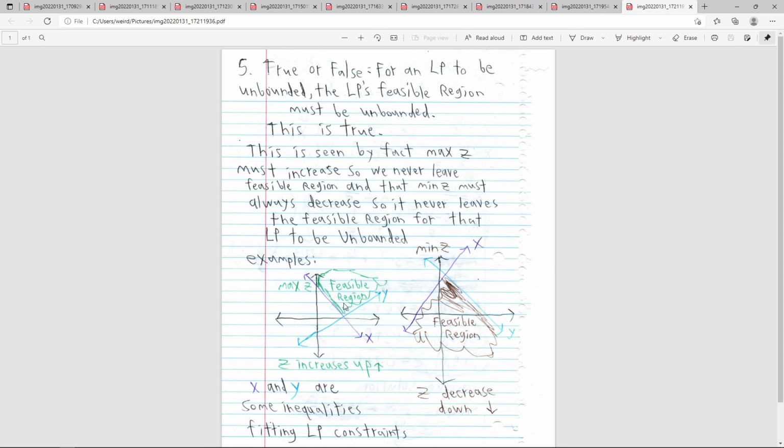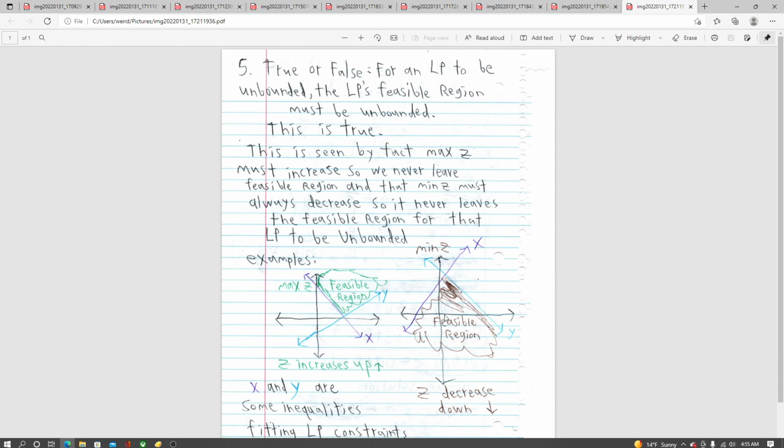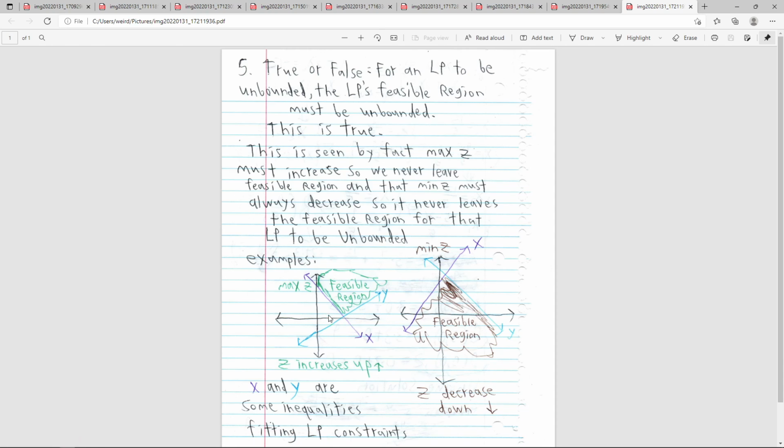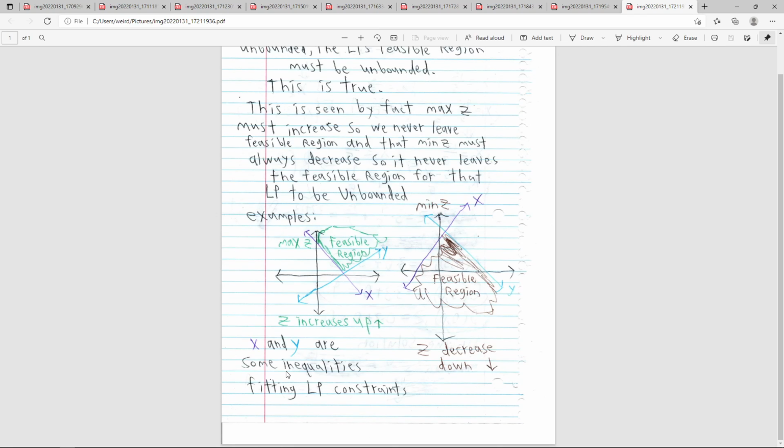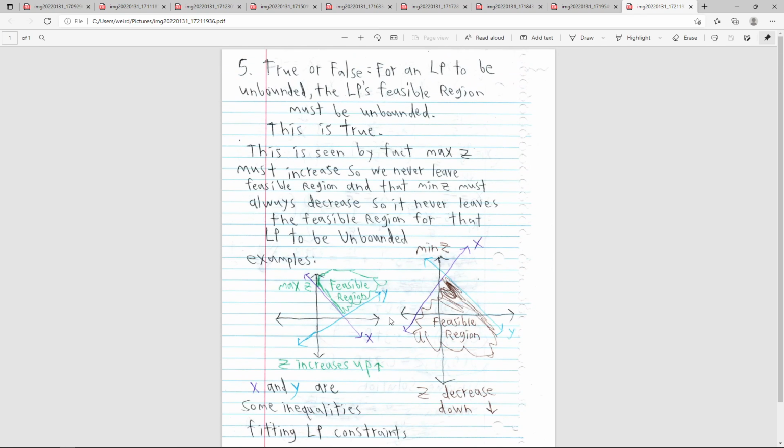So in examples, we have max z here in green, the feasible region stuff. z increases up, z decreases down if it's brown here, the feasible region, minimum bound. And I have x and y as some inequalities fitting the LP's constraints. Let's say we just have two constraints, x is a constraint, y is a constraint here. The idea is that you have the feasible region here and the feasible region there.